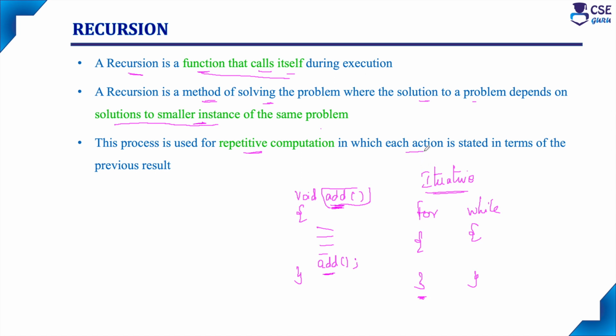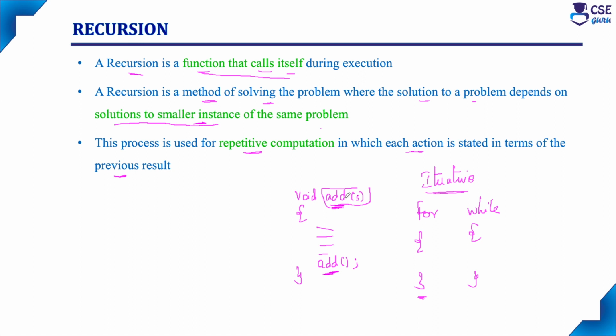Each action is stated in terms of the previous result. Some value we pass here, and that value it will carry, and this function will execute based on the previous result of this user-defined function. So this is nothing but the repetitive computation.